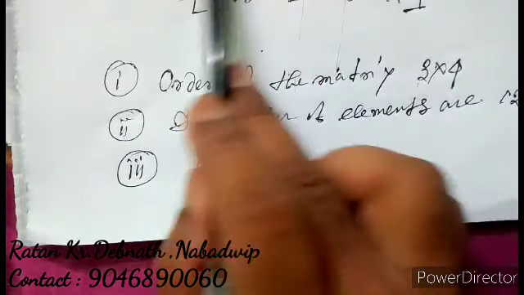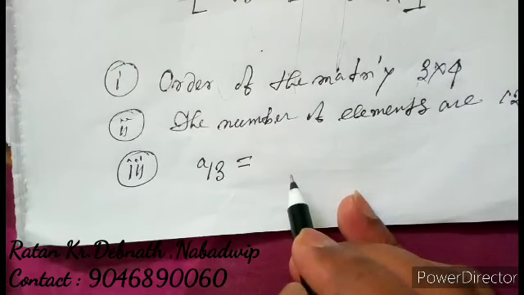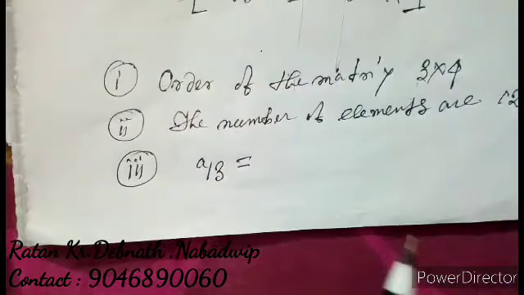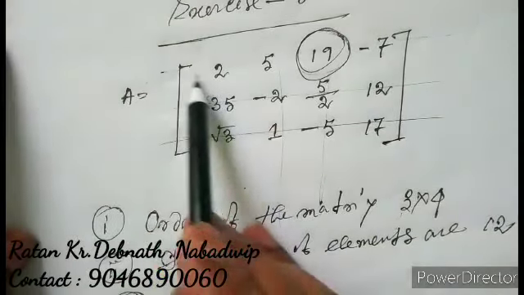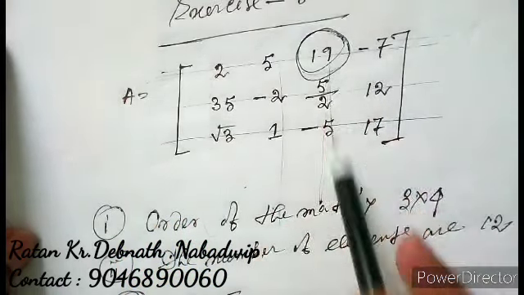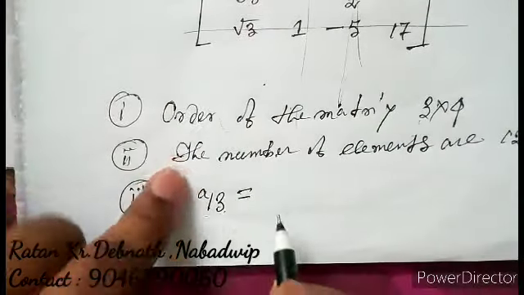Row 1 column 3 means 19. So the element of 13 position is 19. This is row number 1 and column number 3.